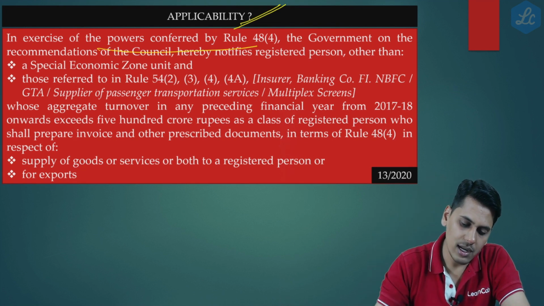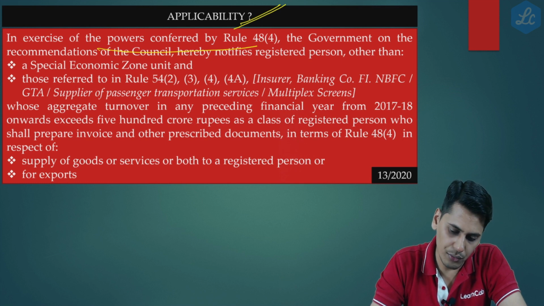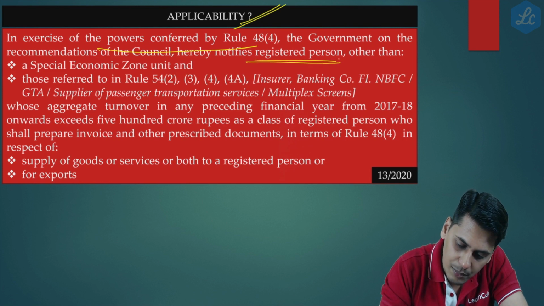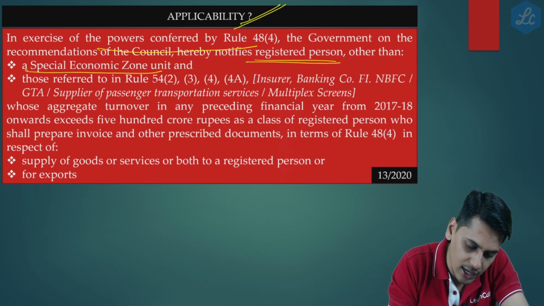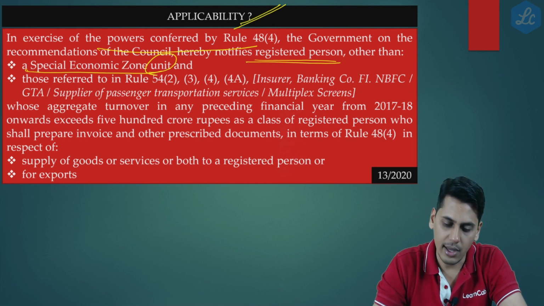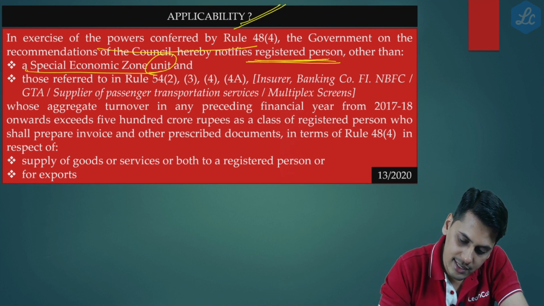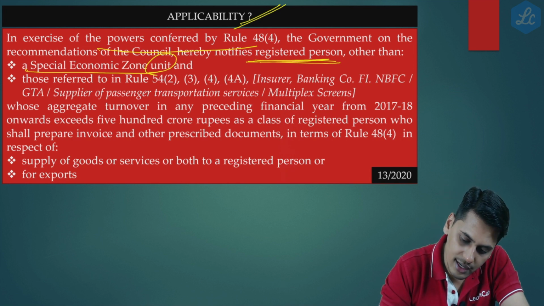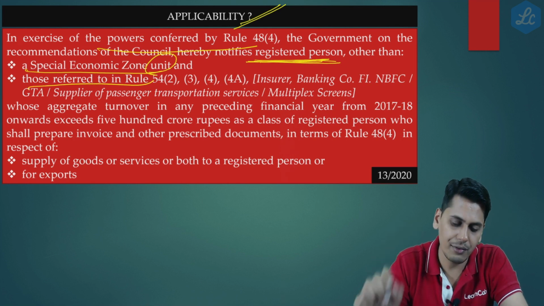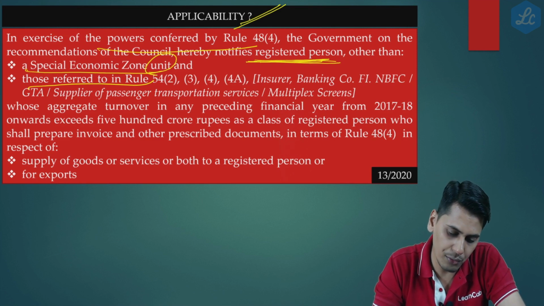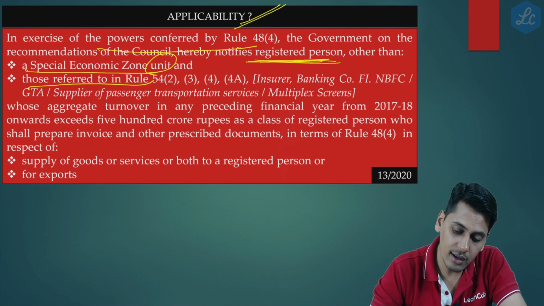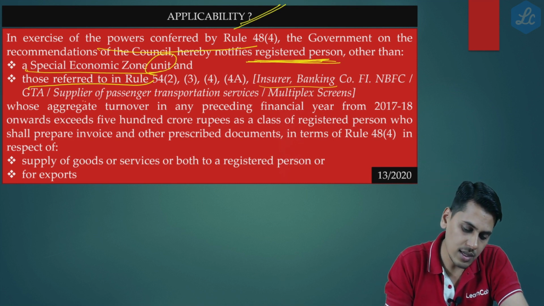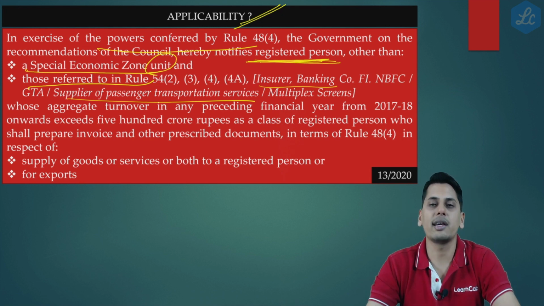In exercise of the powers conferred by 48 sub rule 4, the government, on the recommendations of the council, hereby notifies registered persons other than a special economic zone unit. I repeat, hereby notifies registered persons other than a special economic zone unit, and other than those who are referred to in 54 sub rule 2, 3, 4, 4A. They are those insurers, banking companies, financial institutions, NBFCs, GTA, supplier of passenger transportation service and multiplex screens.